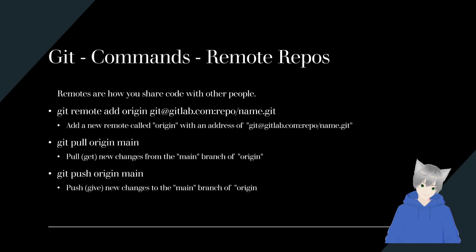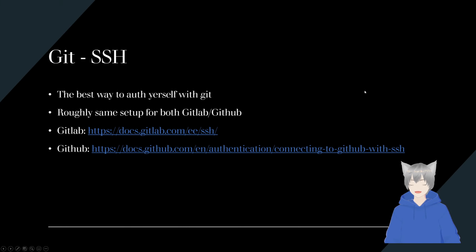I'll be talking about SSH later on. So once you have added the remote, you can then pull in the changes from it, and you can push the changes to it. And again, I'll be giving an example of this in a few minutes.